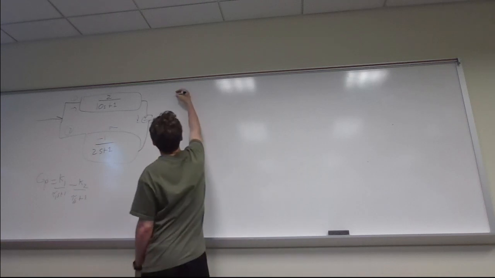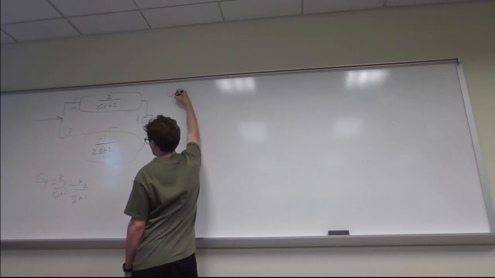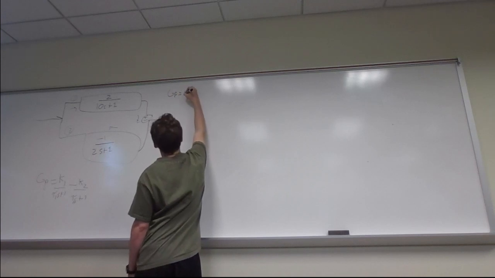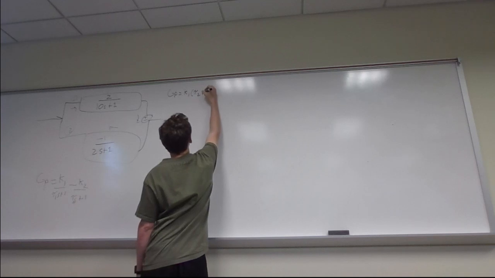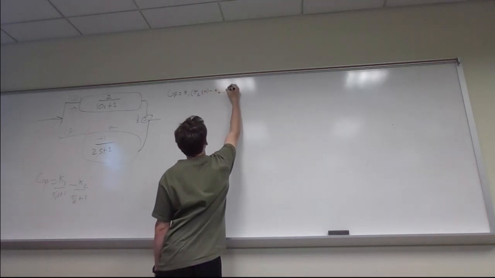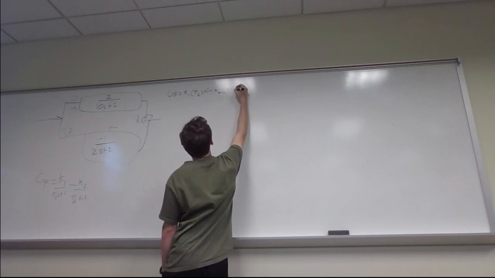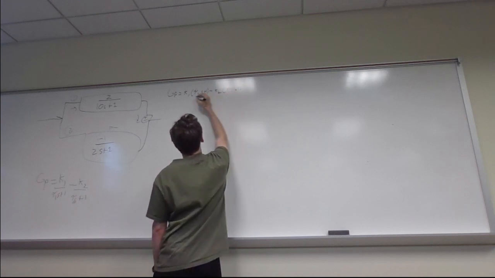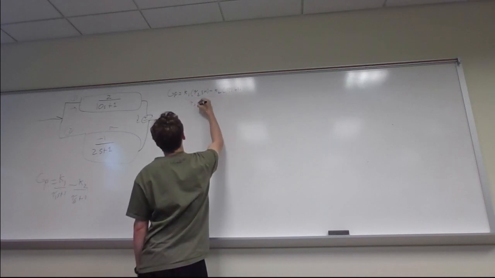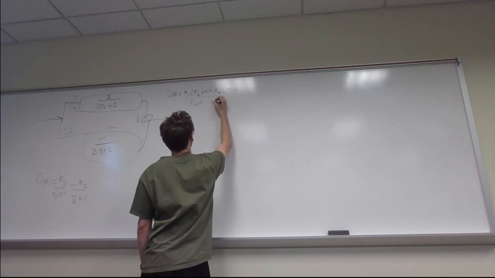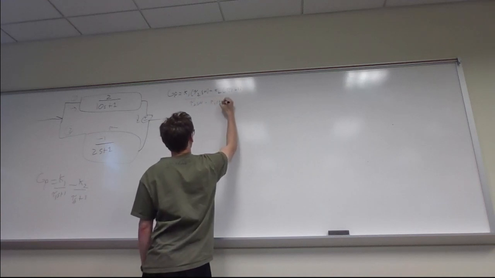So we're going to have GP equals K1 times (tau 2 s plus 1) minus K2 times (tau 1 s plus 1) all over (tau 2 s plus 1) times (tau 1 s plus 1).